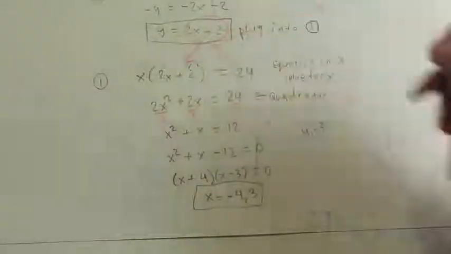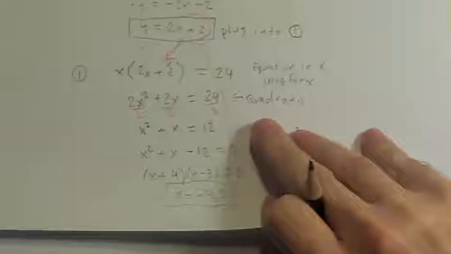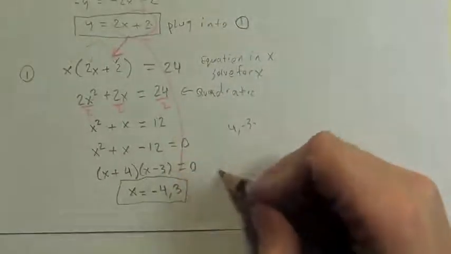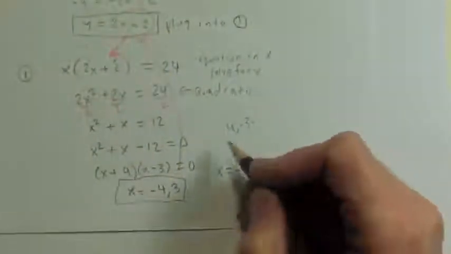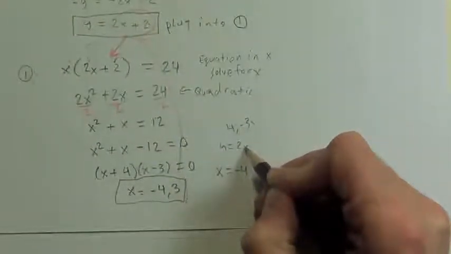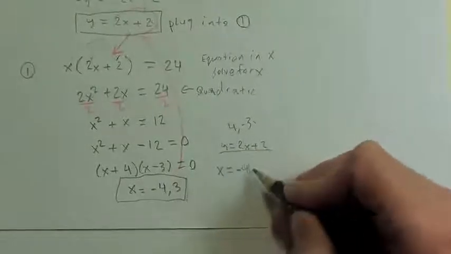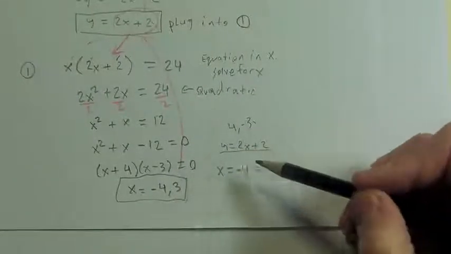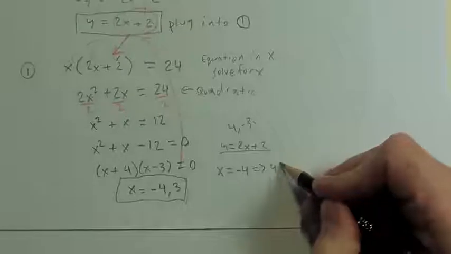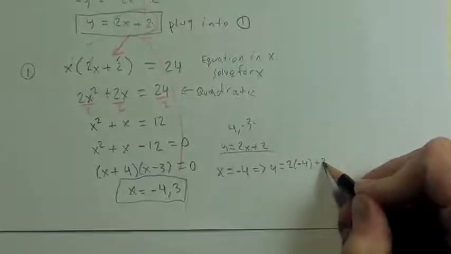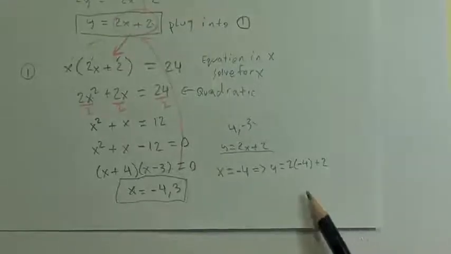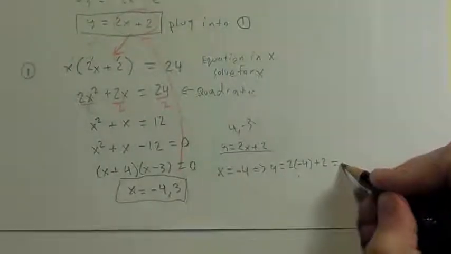So we need to plug this back into our y. So remember our y is 2x plus 2. So let me write that again. y is equal to 2x plus 2. When x is equal to negative 4, y is equal to 2 times negative 4 plus 2. Okay, so we have negative 8 plus 2 will be negative 6.